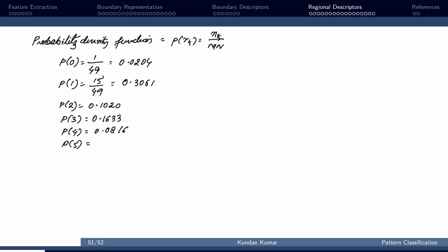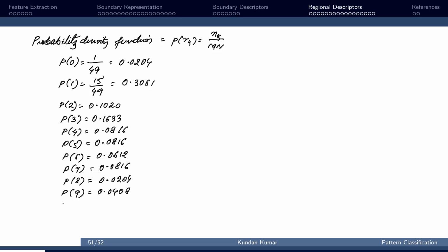P5 equal to 0.0816, P6 equal to 0.0612, P7 equal to 0.0816, P8 equal to 0.0204, P9 equal to 0.0408, P10 equal to 0.0204, P11 equal to 0.0204, P12 is 0, P13 is also 0, P14 is 0, P15 is 0.